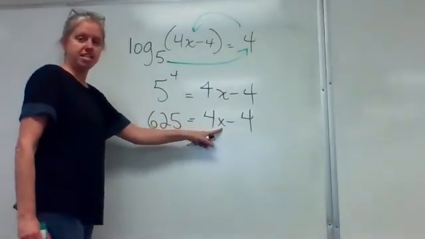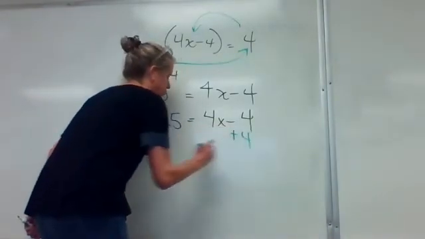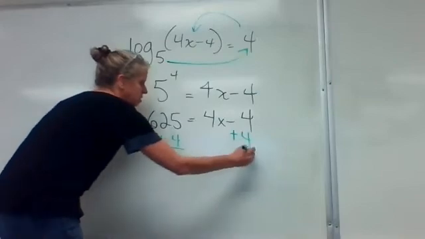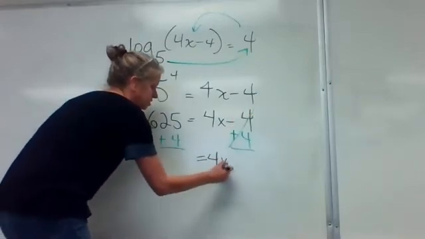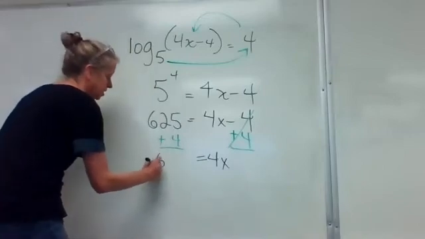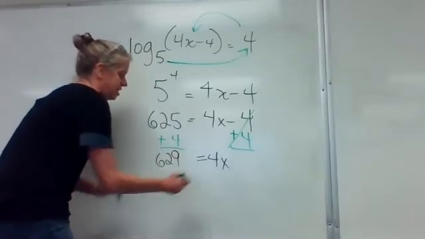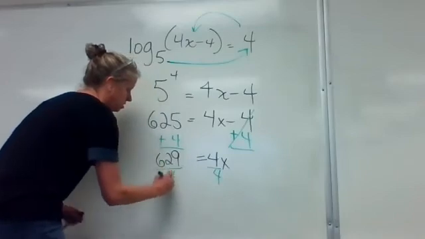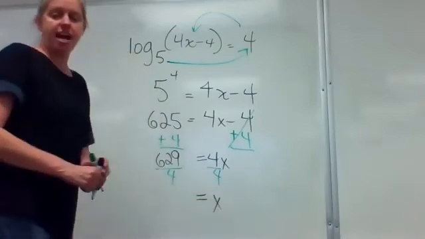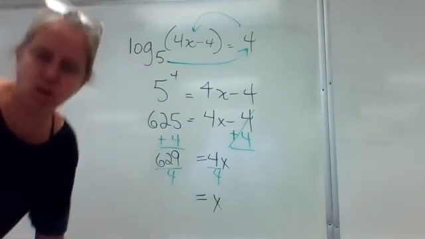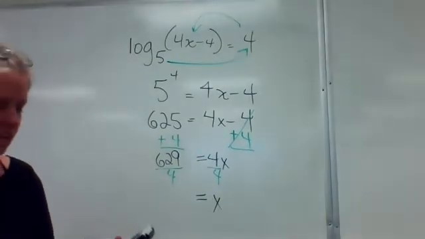Then just get your x by itself. So get rid of the -4 with a +4. So here I've got 4x equals 629, and then divide by 4. Okay, so you have x equals 629 over 4, since that fraction doesn't reduce.